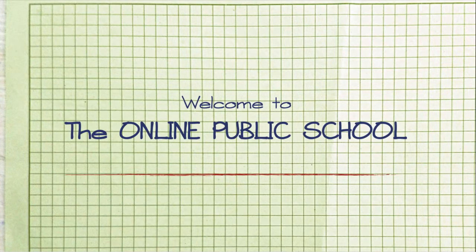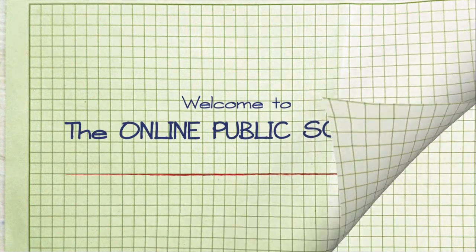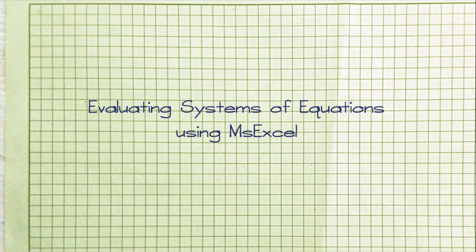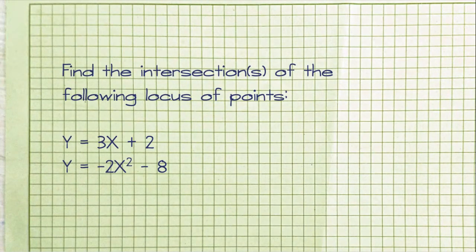Of course, maraming tools ngayon na available. May mga websites na nagka-calculate din ng mga ganyan for free, pero minsan hindi accessible and Microsoft Excel can be more accessible to everybody. So let's try today to evaluate systems of equations at gagamitin natin ulit si Microsoft Excel as a sequel to the previous video. So, example, we find the intersection o intersections, kung dalawa man, of the following set of points.